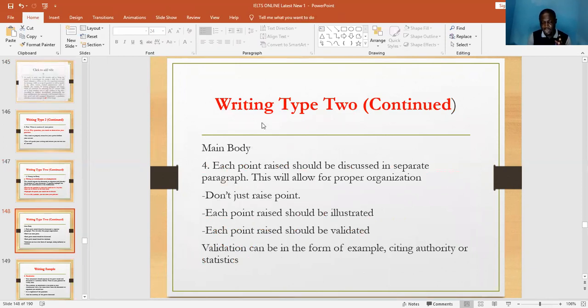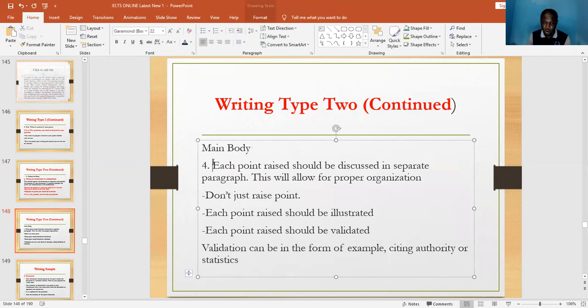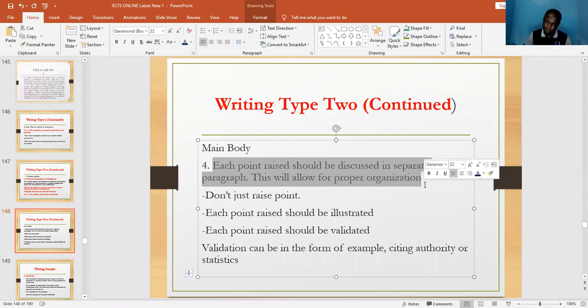I critically emphasized the fact that in the main body of the essay, every point should be raised in a separate paragraph. That is, every point should be discussed in a separate paragraph. And I raised 2 points. One of the points was the fact that the city centers have more amenities for children's training, which are crucial to children's upbringing and development.